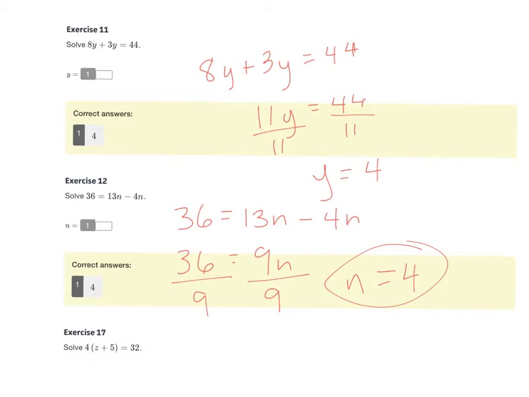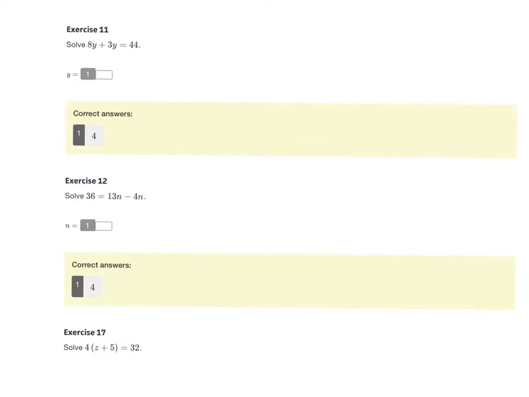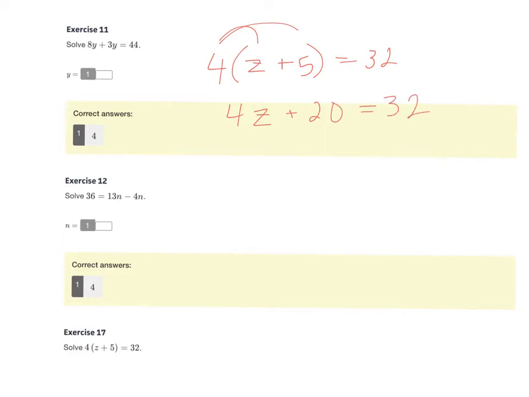For number 17, let me erase some stuff here, make some room. For 17, I've got 4 parentheses z plus 5 equals 32. And I'm going to distribute, so that's going to be 4z plus 20 is equal to 32. Order of operations backwards, I'm looking for addition or subtraction.